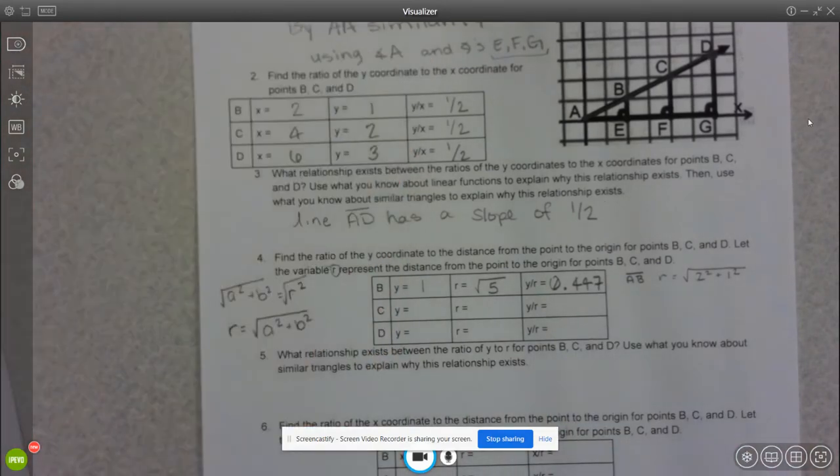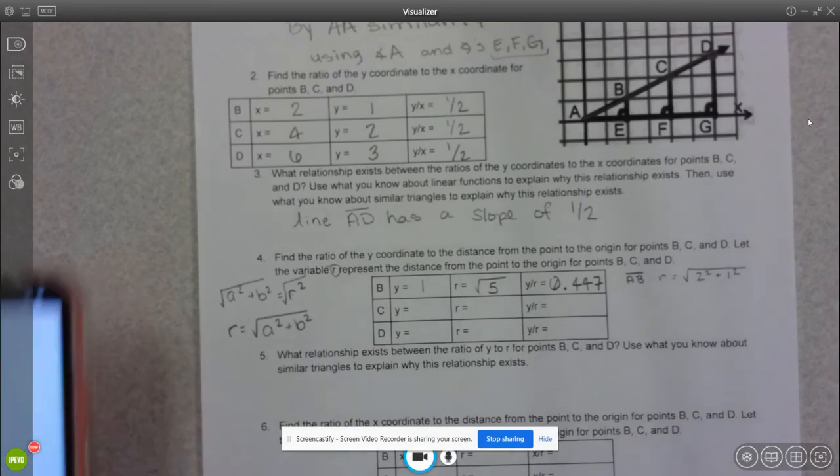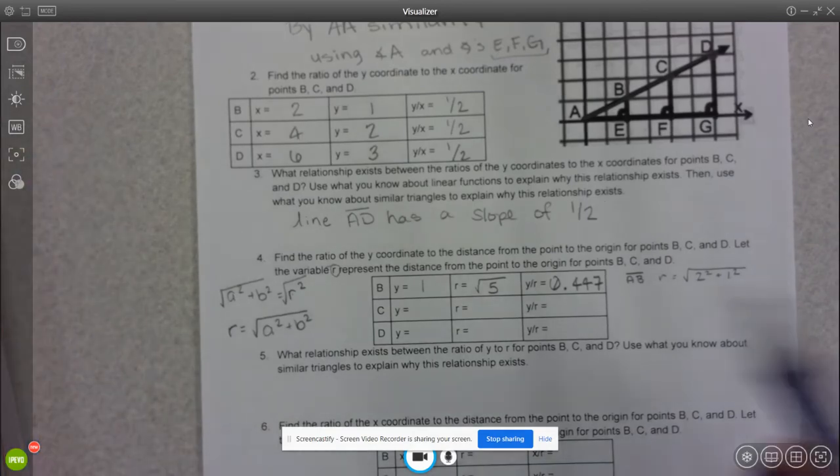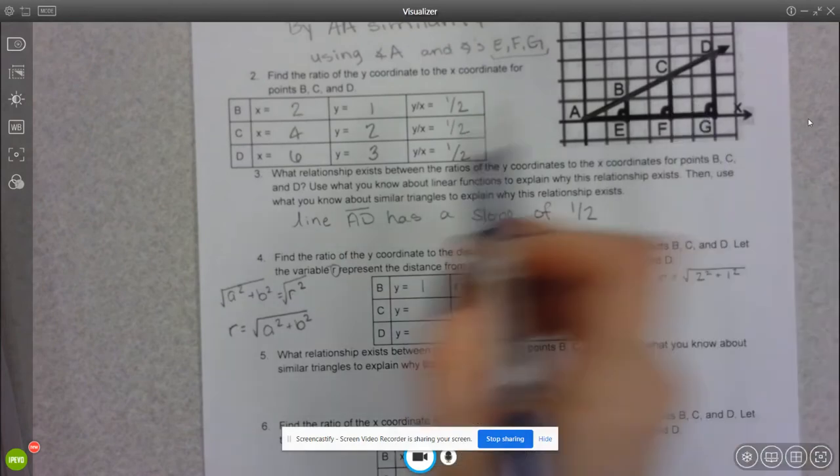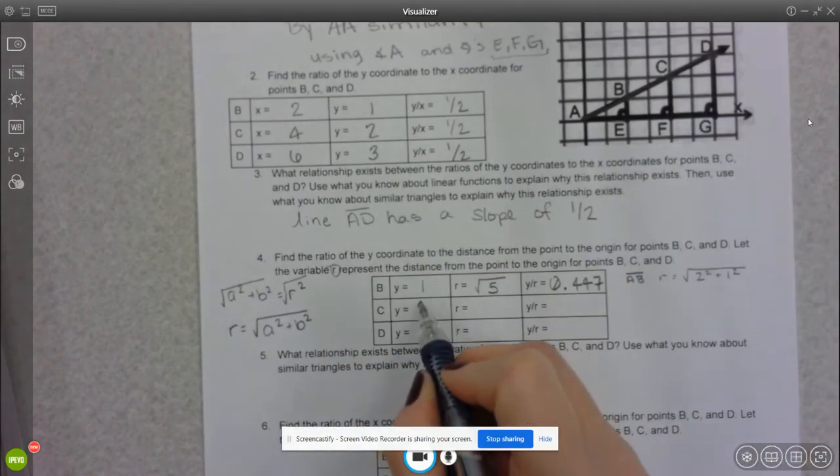I'm going to put this off to the side for a second. So the next one is point C. For point C, my y value was 2.